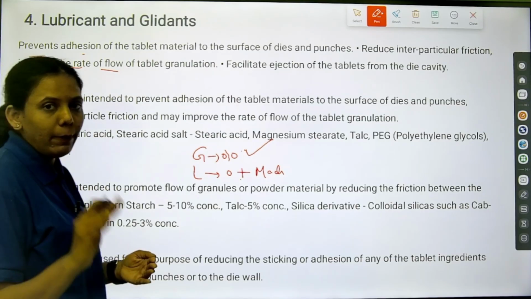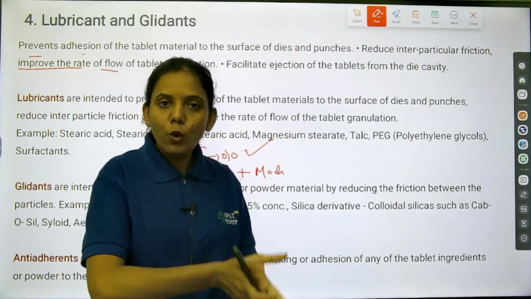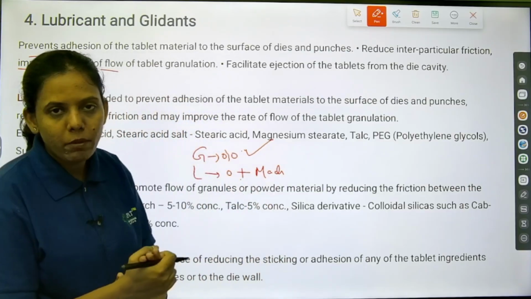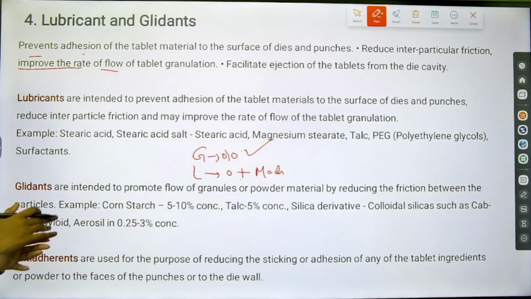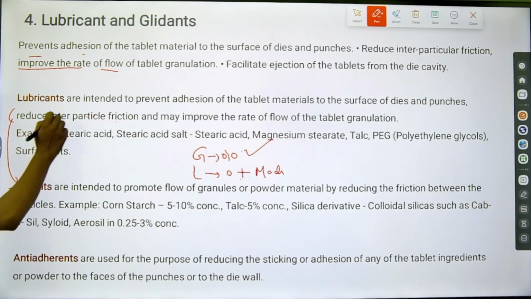So if your tablet is sticking to dies and punches, then you will add the lubricant. It will prevent the friction between dies and punches and your tablet material. Here it is written reduce interparticle friction and may improve the rate of flow, but this sentence is more suitable to the glidants, although in some books you will see this sentence.